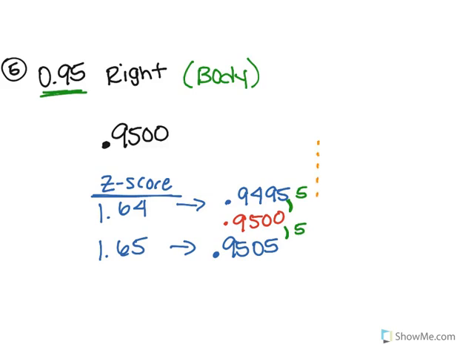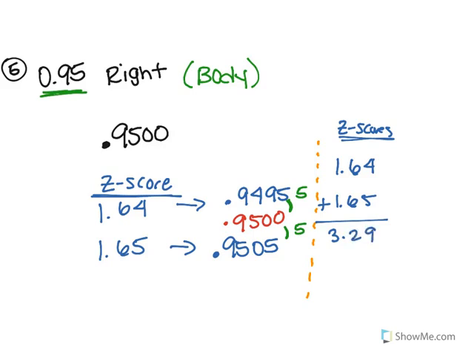If this was to occur, what you're going to do is take the z-scores and find the average. You're going to take 1.64 and add it to 1.65 and divide it by 2. That's finding the average. And you can do this in your calculator, and that will give you 1.645.